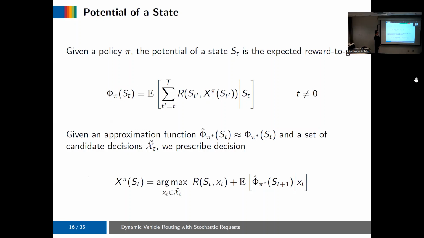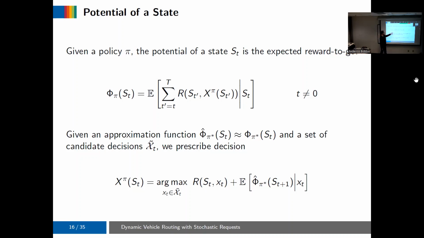You might as well call it the value function, which is, given a policy and a state S_t, what is the expected number of requests that you're going to accept in the future, given that you are at this state and you are going to apply this policy. So for a given state, looking into the future using a given policy, how many requests you expect to accept.